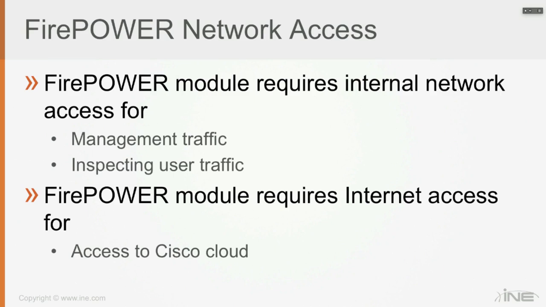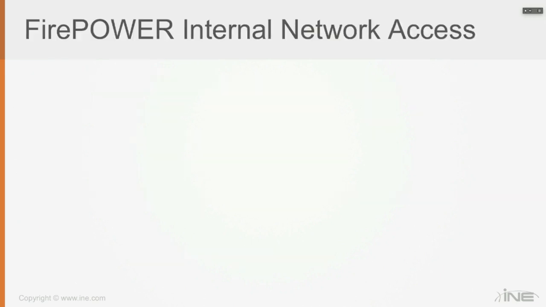Both of them are a must. Of course, access to Cisco's cloud is only relevant if you have the AMP license and the AMP feature capability enabled and you want to use it. Otherwise, it doesn't make sense. So technically speaking, you could leave Firepower without internet access if AMP is not a feature that you have enabled.